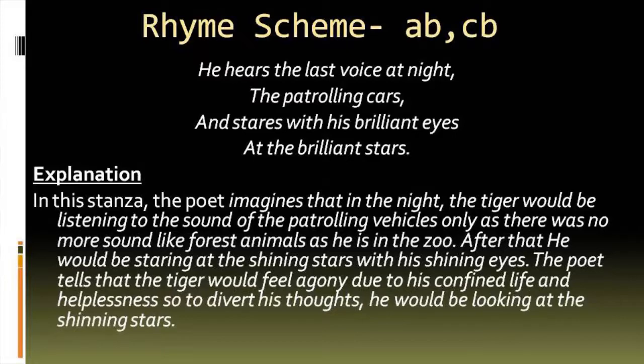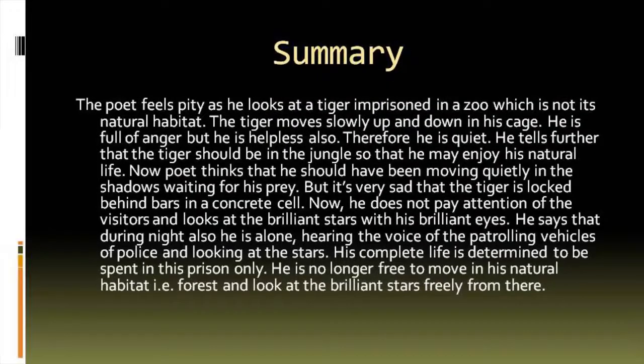Maybe he is praying to God to be freed from this cage, or maybe he is just looking at those confined brilliant stars which he is able to see through his cage, and missing his life in the forest, thinking if he were free he could see the whole sky. Or maybe he is diverting his mind from this agony, from the pain which he is feeling now.